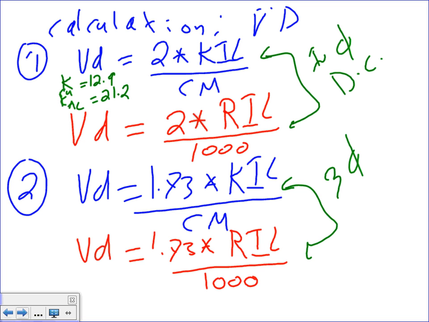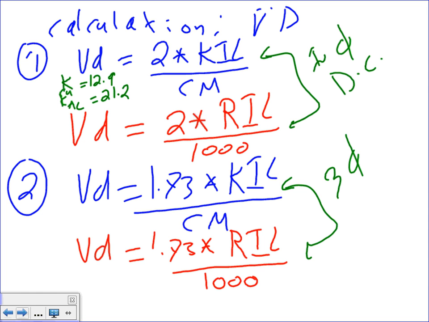KCU is for copper, 12.9, and KAL for aluminum, 21.2. Okay? These are given. And they're temperature dependent. When the temperature changes, they change, but don't worry about that one.